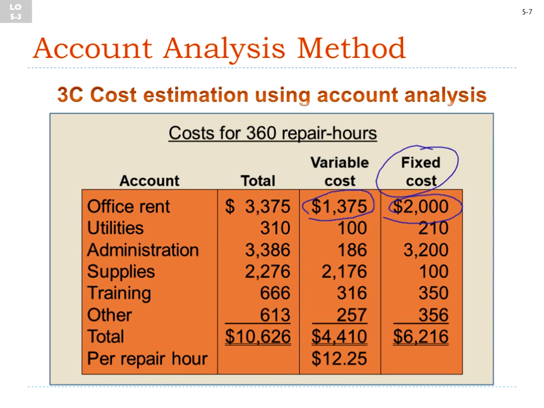So if you add those two numbers up, you add $2,000 and $1,375, and you get $3,375. All right. So office rent in this case was mostly a fixed cost, but there was a variable cost to it as well. Utilities, we usually talk about utilities as being variable, but there is a fixed cost to it as well.